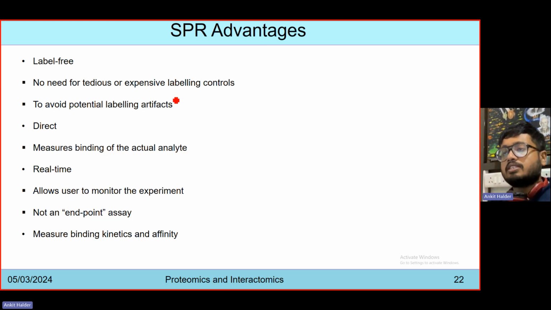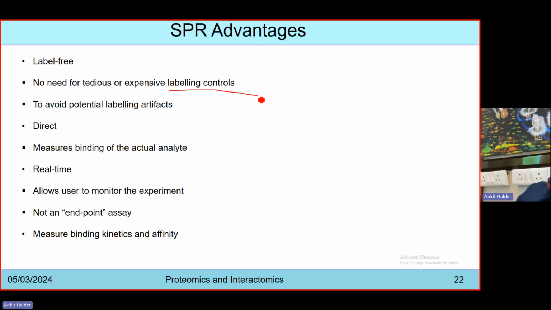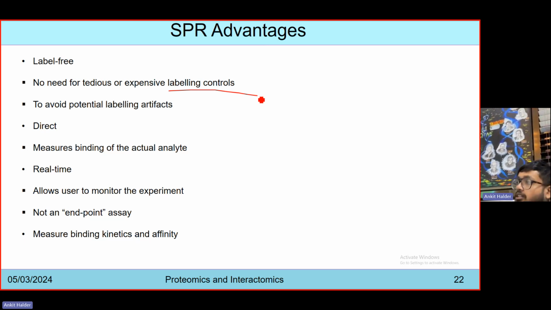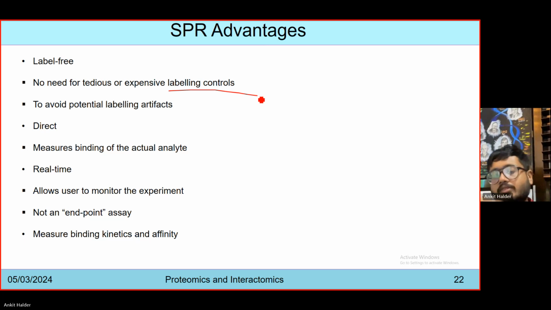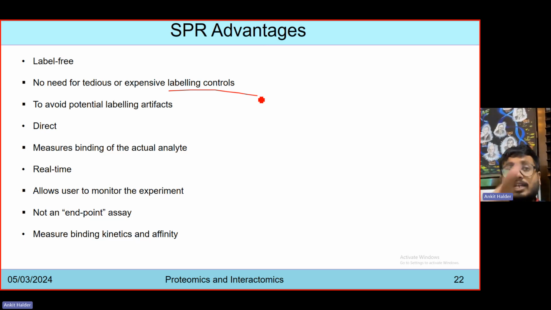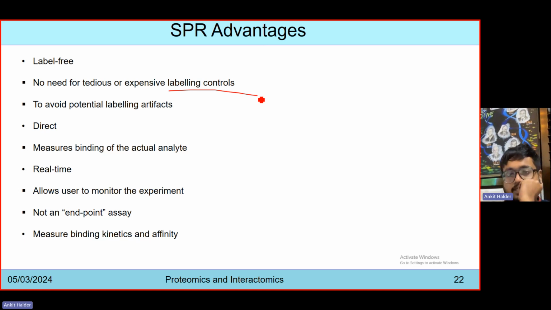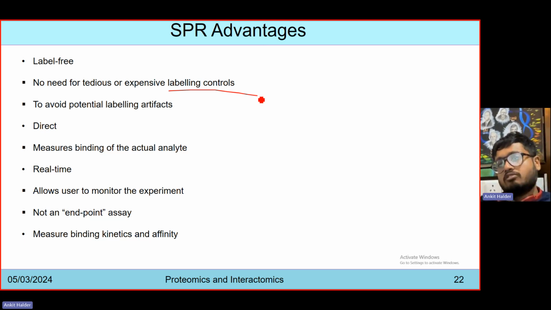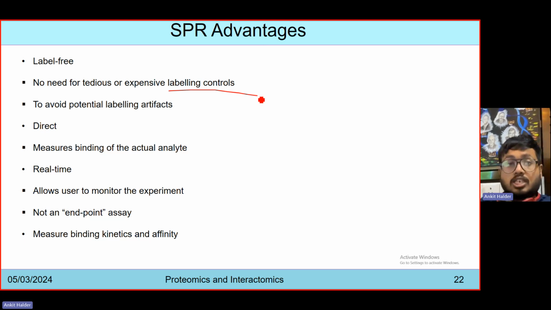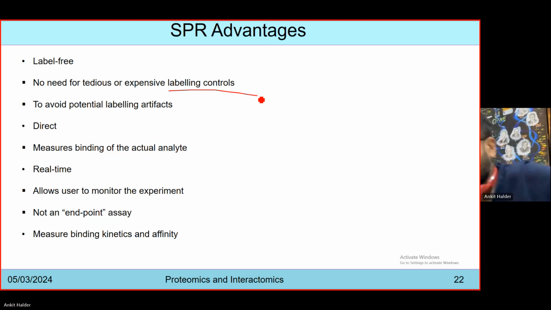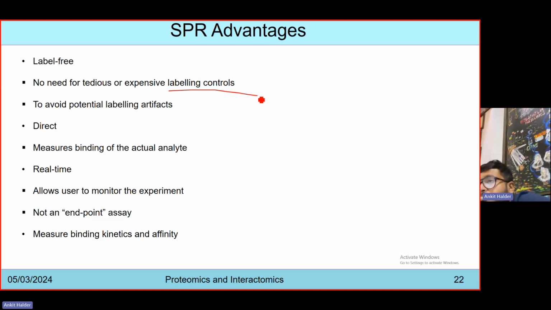Again, you have seen in RPPA, we have to keep another control where we flow expensive labeled secondary antibodies over them to extract the non-significant signal information, or further normalize, deciding which backgrounds are to be removed, and to avoid potential labeling artifacts. So that is also quite important.